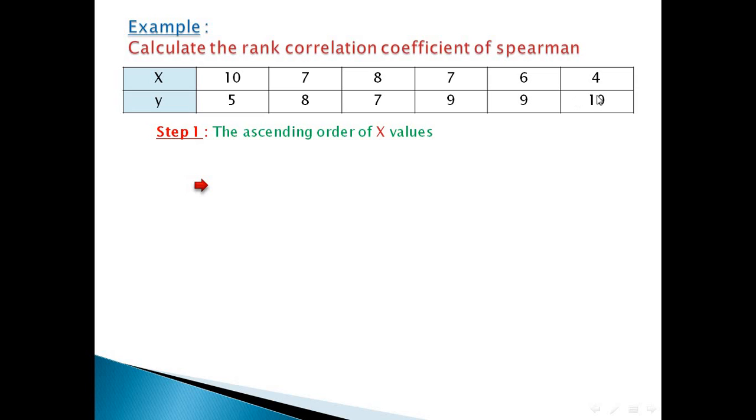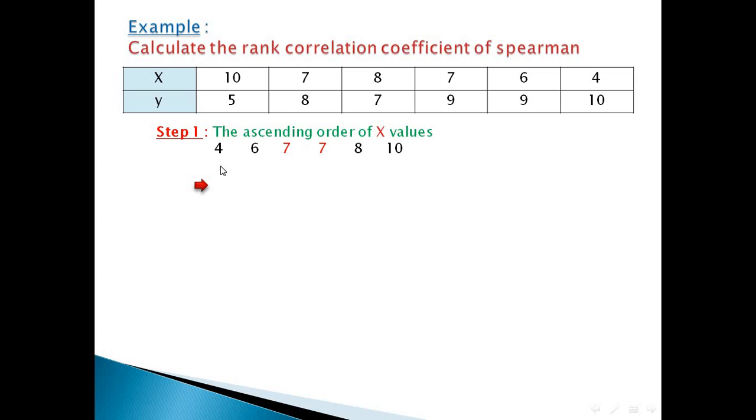So you have 4, 6, 7, 7, 8, 10. Here we have the order from the small to the big. And now identify the rank of each one.